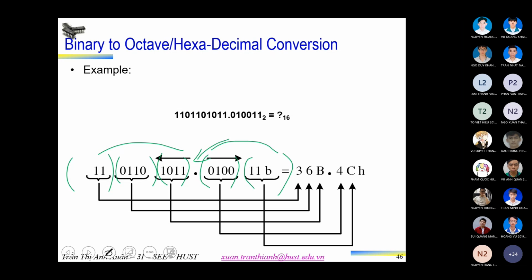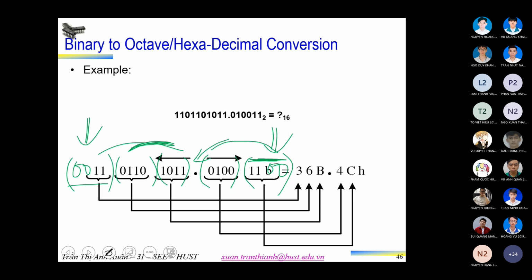For the integer part, we see that one group is normal, but for this group we can insert 2 zeros here, and for this group we can insert 2 zeros on the right side. So from here you can change each 4-bit binary group to hexadecimal digits.